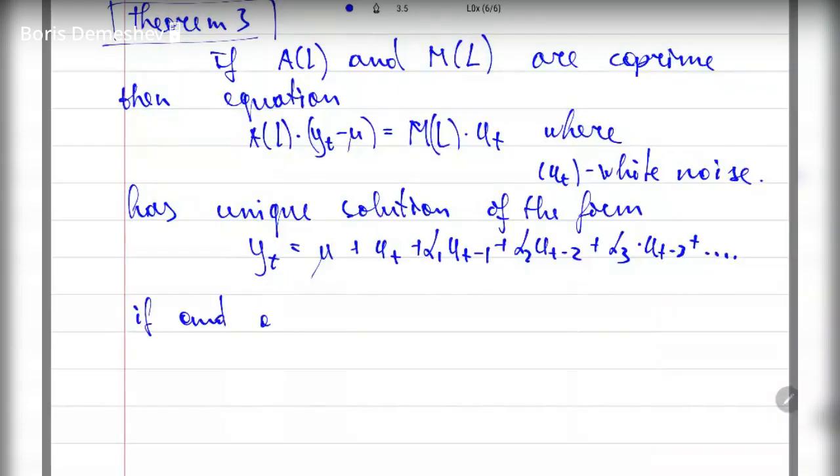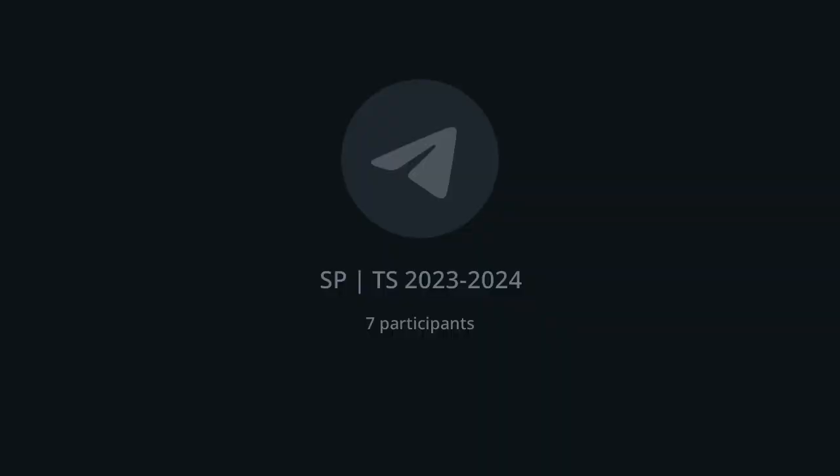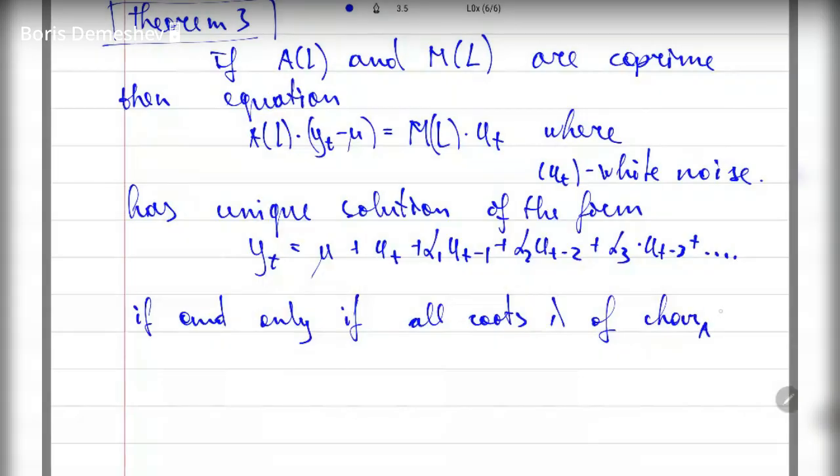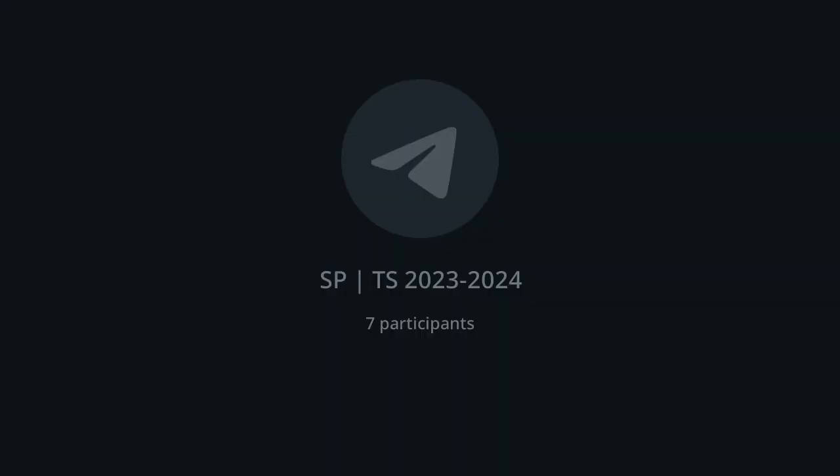If A of L and M of L are coprime, then the equation has a unique solution of this form if and only if all roots lambda of the characteristic polynomial of A of lambda are less than 1 by absolute value.